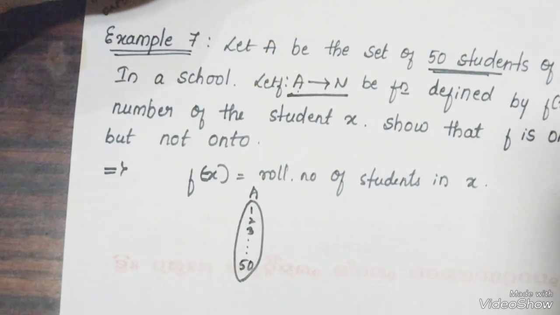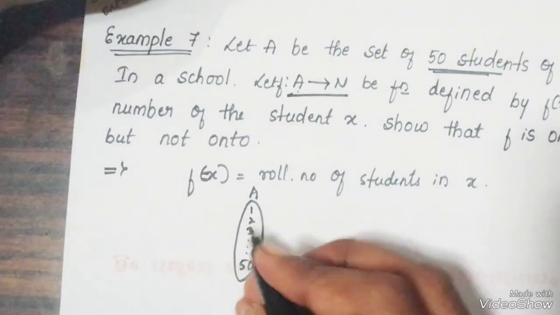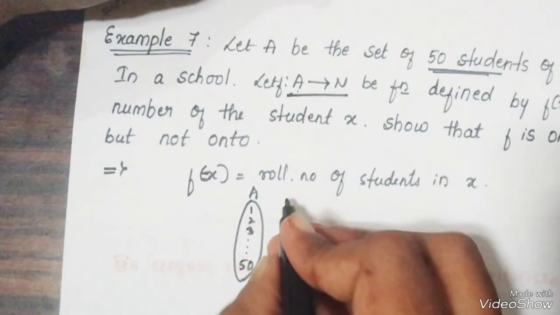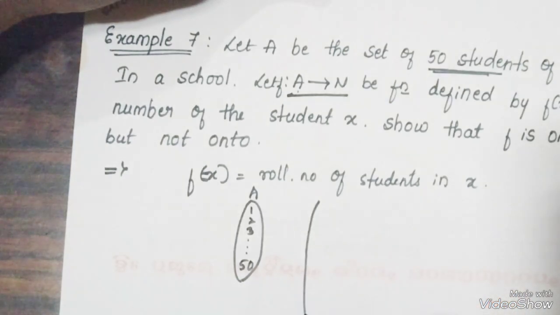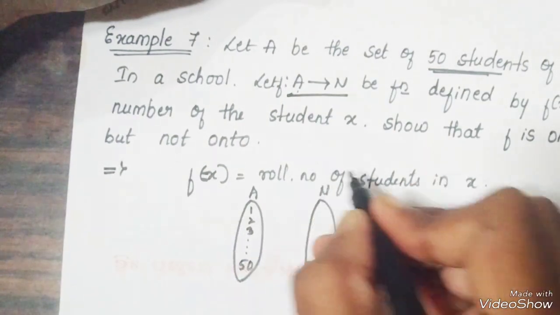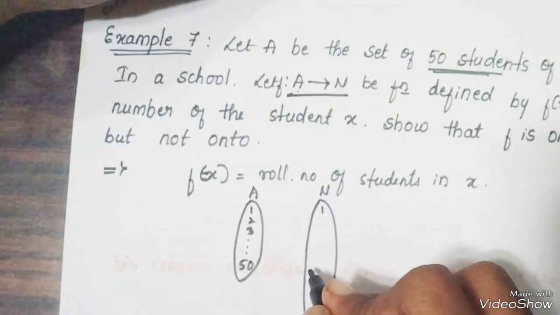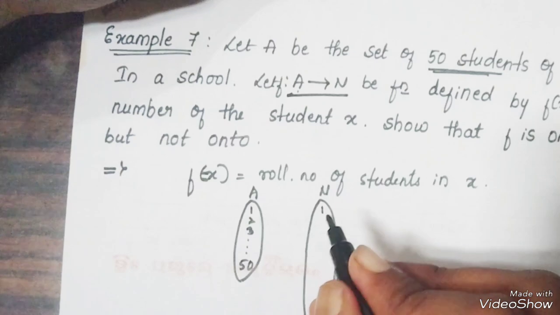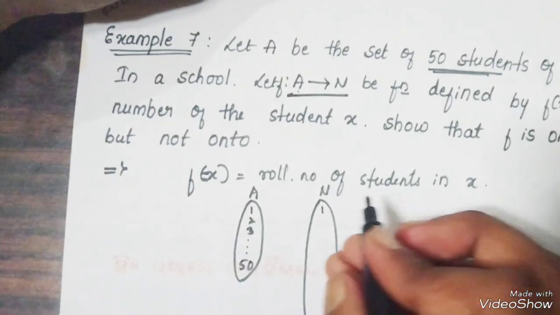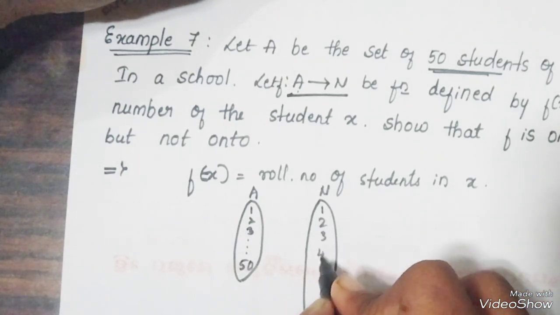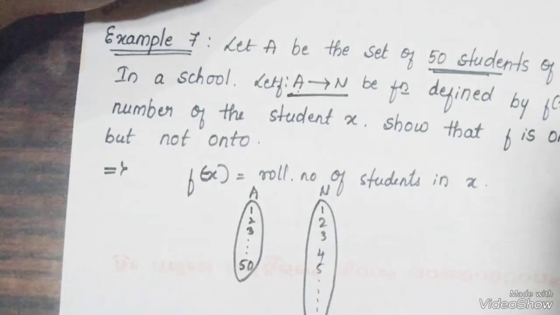Then their roll numbers will be 1, 2, 3, 4, 5 and so on, which are natural numbers. What are the natural numbers? The numbers that start with 1 and go on are called natural numbers: 1, 2, 3, 4, 5, 6 and so on.